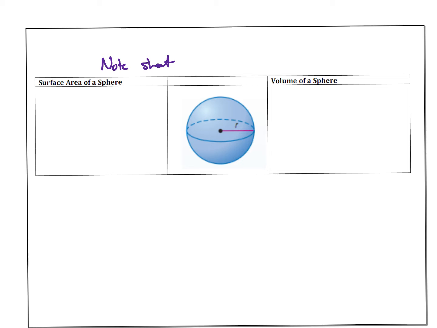Okay, so the surface area of a sphere is nothing more than 4 pi r squared. Why 4? Well, let's consider this. Pi r squared, I hope you recognize, is just the area of a circle. If we look at a sphere from just that side, we can see one circle.